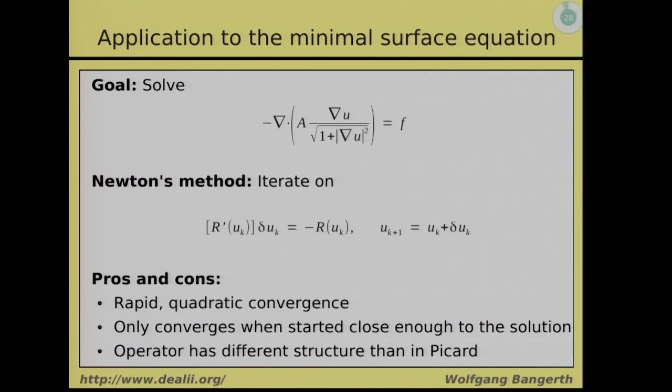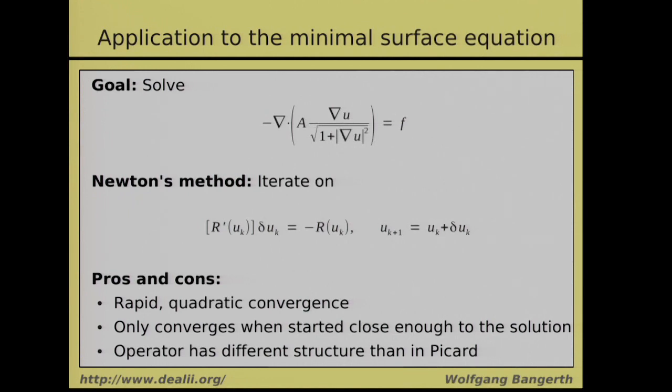So for Newton's method, the upside clearly is it shows very rapid convergence, quadratic convergence, and in the context of partial differential equations, I would say there are many cases where you can get away with 3 or 4 iterations. You almost never need more than 10 iterations. So it really converges very rapidly.